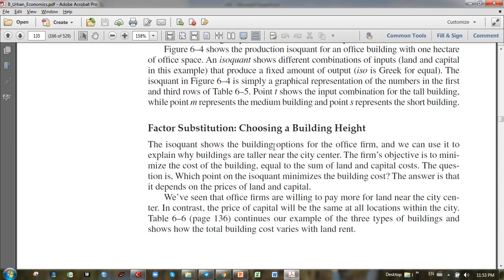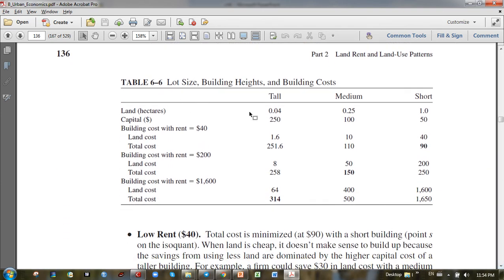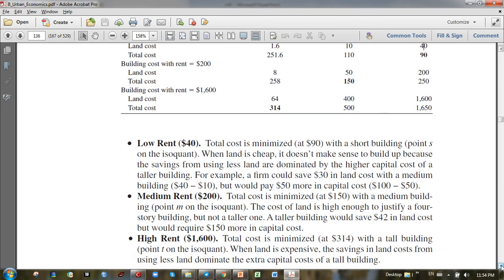Factor substitution, choosing a building height. Yes, you can see here, I'm waiting for the presenter to explain this Table 6.6. We have low rent, 40, low rent. Medium rent, high rent.